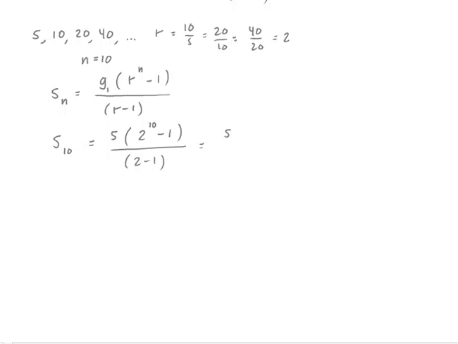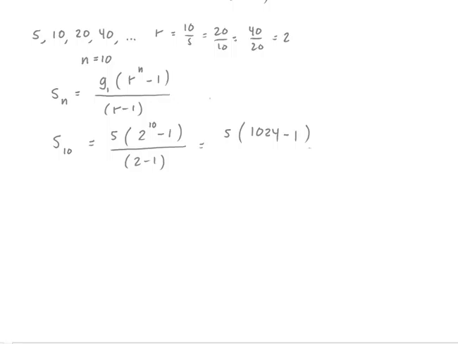Okay. So 5 times 2 to the 10th power, let's check it out. It is 2, 4, 8, 16, 32, 64, 128, 256, 512, 1024. Let me step aside to a calculator here just for a second to double check myself on that. 2 to the 10th power is indeed 1024.